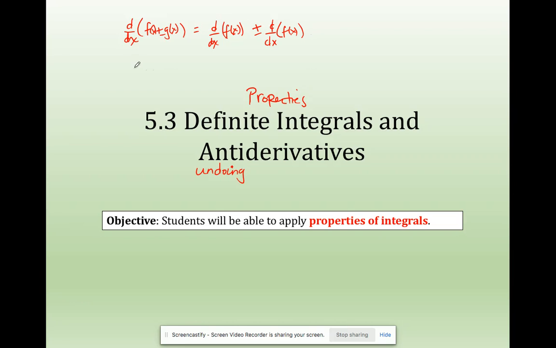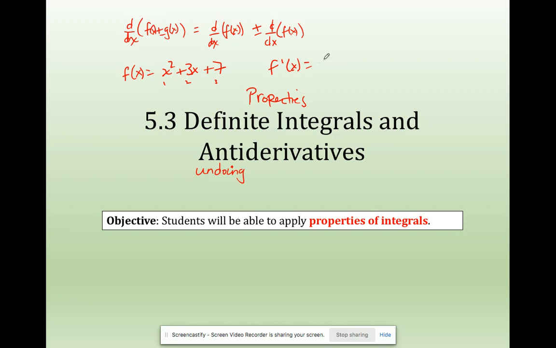Right? So you would do something like if I gave you f of x is equal to x squared plus 3x plus 7. There were multiple rules you used on that to find f prime of x. It's like this is one function, second function, third function.